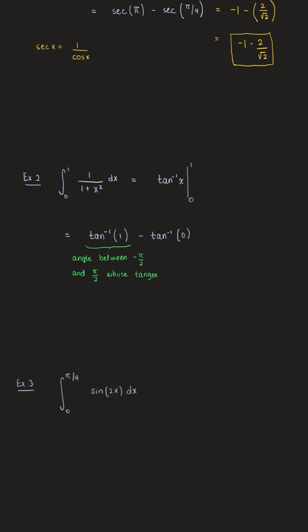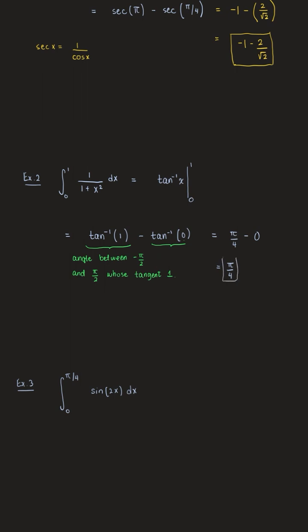And that would be pi/4, because the tangent of pi/4 is 1, since sine over cosine will be 1. So this is going to be pi/4 minus, and now we want the angle between -pi/2 and pi/2 whose tangent is 0. And so that's going to be just 0 because tangent is sine over cosine and sine of 0 is 0. So this just gives us pi/4.